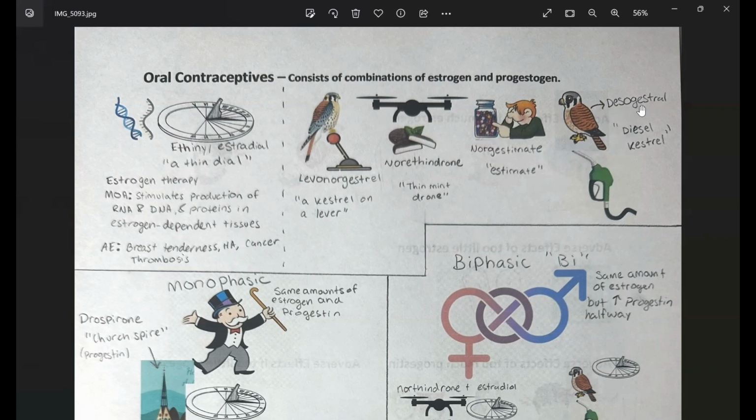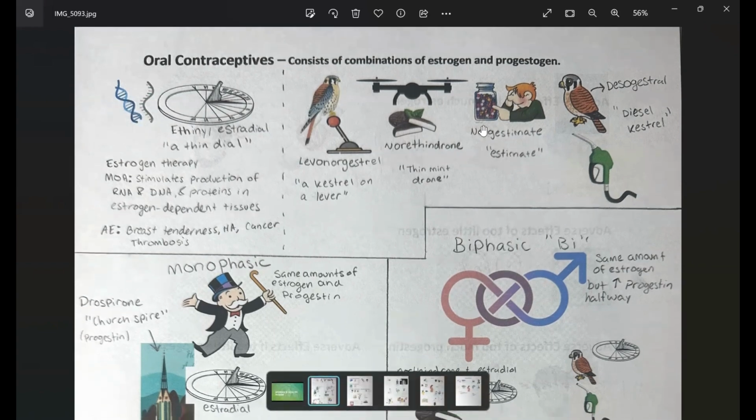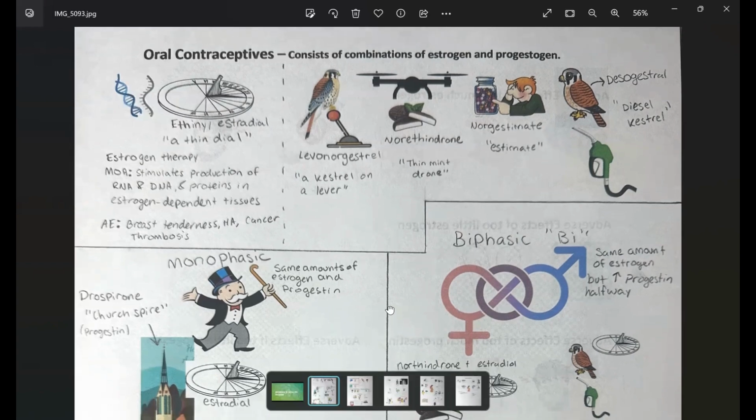Some of these drugs I took from the 524, or whatever the class is, ClinMed, like medication list. So there might be just a couple extra things in here that were not in our Pharm PowerPoint. If that's the case, just ignore it. I think norgestimate was one of them.